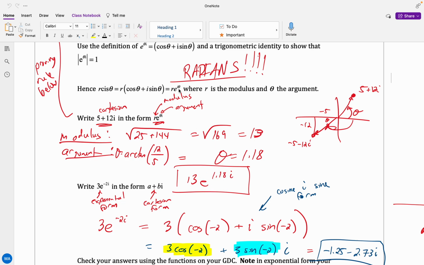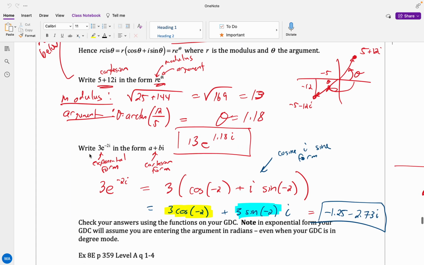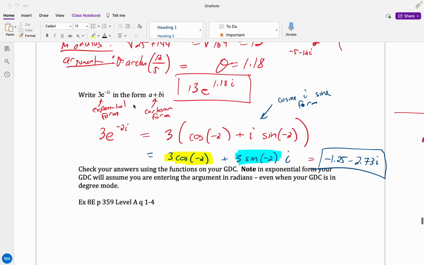When it's a variable, they put the theta after the I, but when you have an actual number, that angle, that argument is going to go here, right? This is how you could show the work to do it, but again, you could type this in the calculator, hit shift multiply, it will give you the modulus, which is in front of the angle symbol, and then it will give you the theta, which is after the angle symbol.